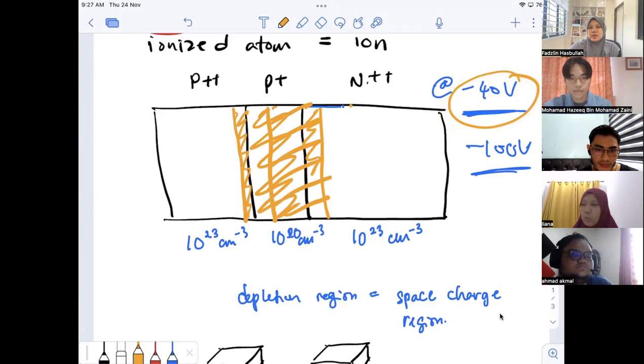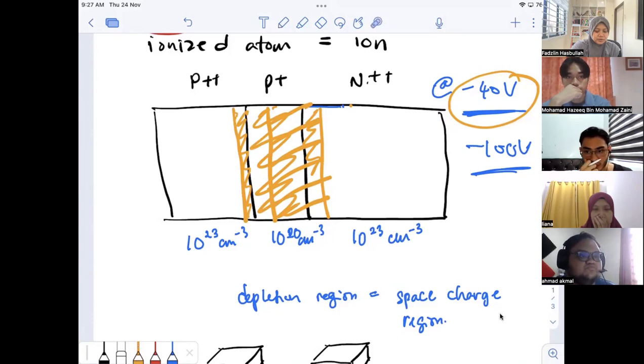Okay, but assuming that you don't know the doping difference, what Haziq and the rest, Liana and Akmal answered was also correct. It means that the P+ should have bigger depletion region compared to the N++. But as you make the reverse voltage higher, bukan forward lah, the depletion region should be bigger.